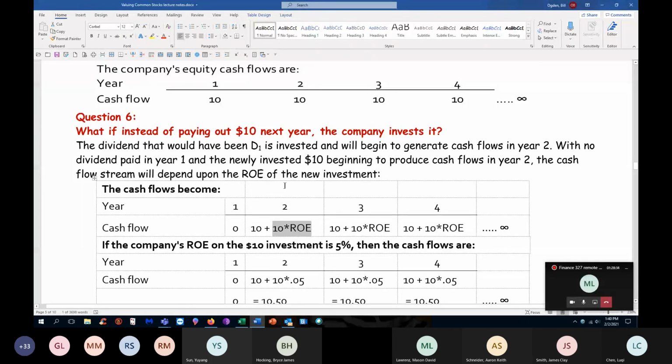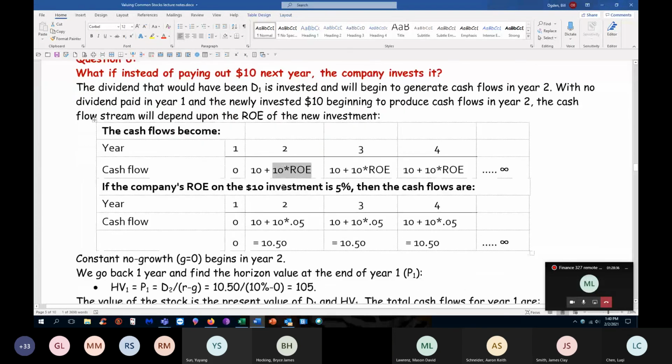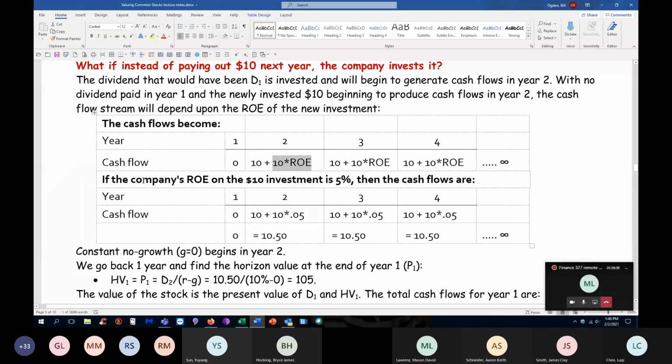Let me just point out how the stream gets adjusted here. What if the company's ROE on the $10 investment is different? Say we're normally 10% ROE, but for this investment we made in year one, we can only earn 5%. So cash flow one is still zero.